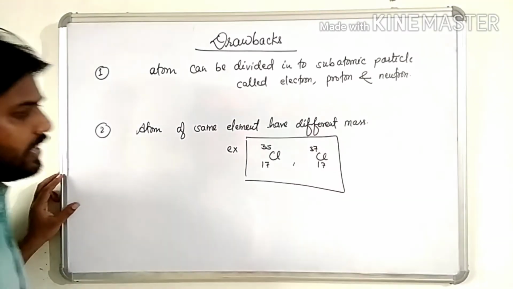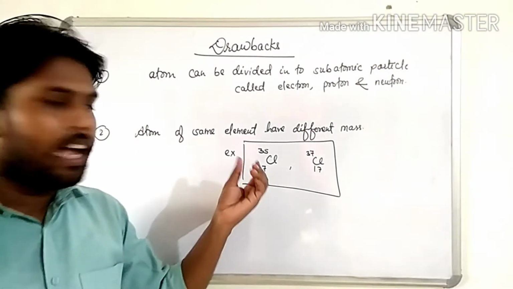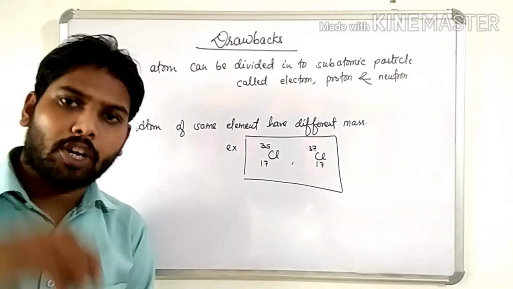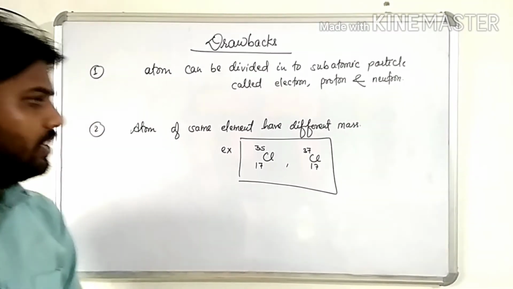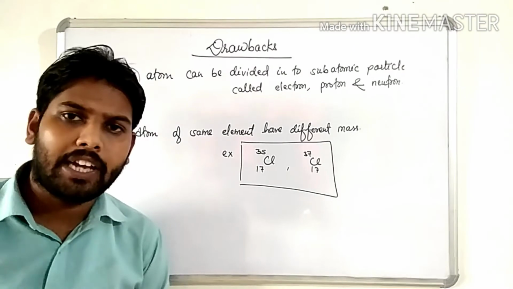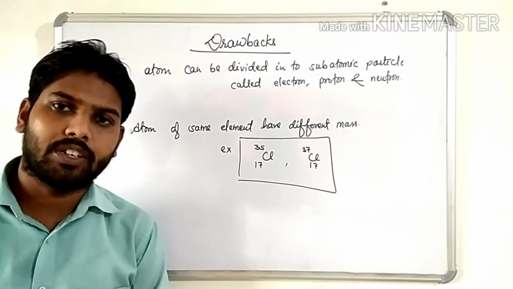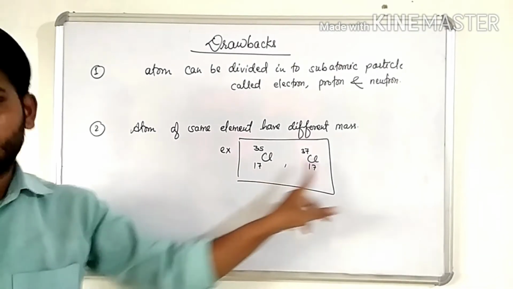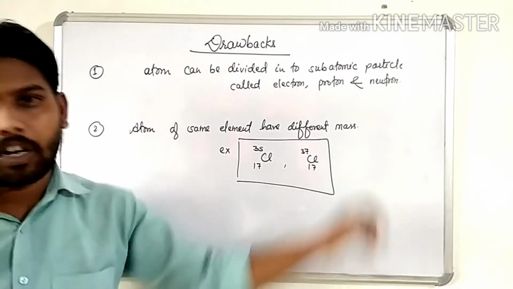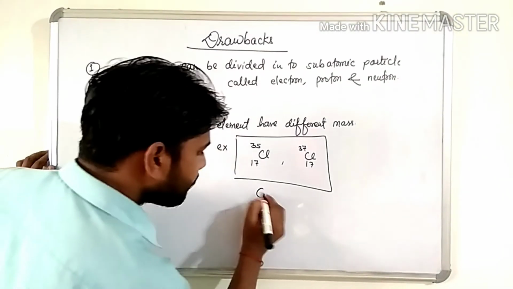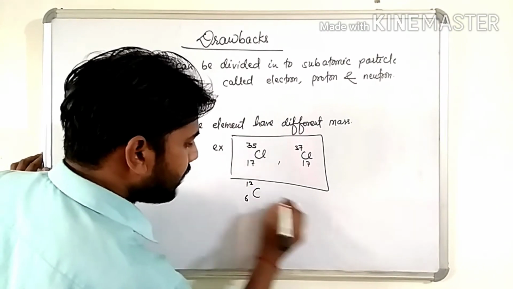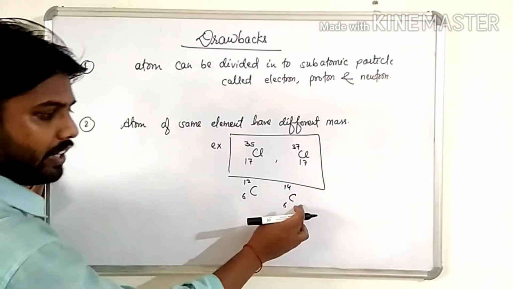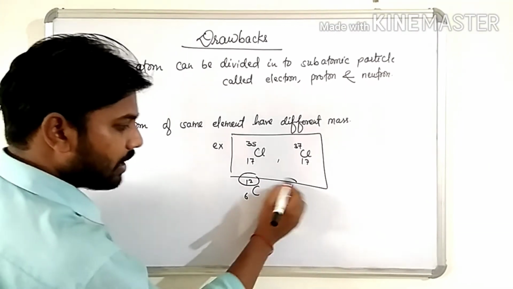Carbon also: 6, 12 and 6, 14. Same element, but different masses.